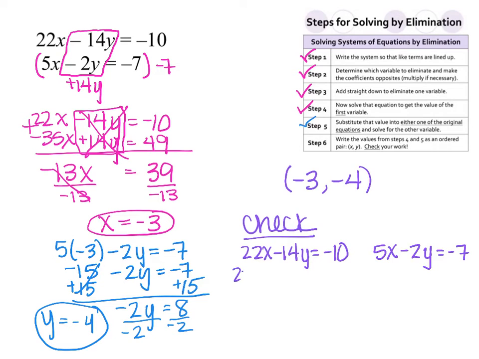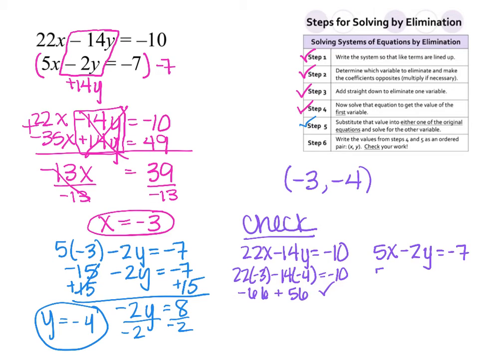Let's check. 22 times negative 3 minus 14 times negative 4 is supposed to equal negative 10. Well, that's negative 66 and positive 56. Negative 66 plus 56 does equal negative 10, so that one checks out.